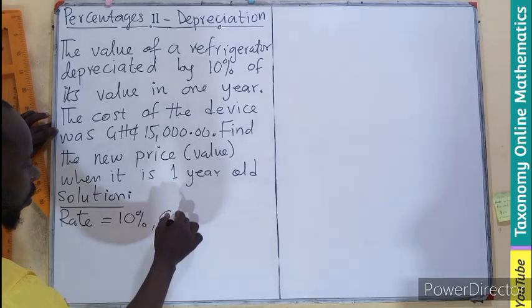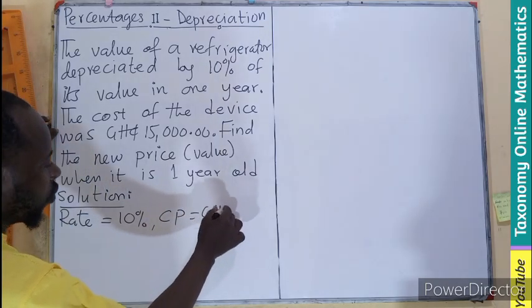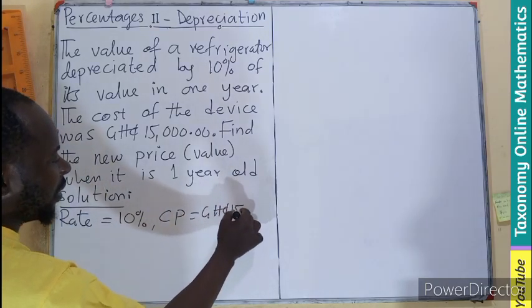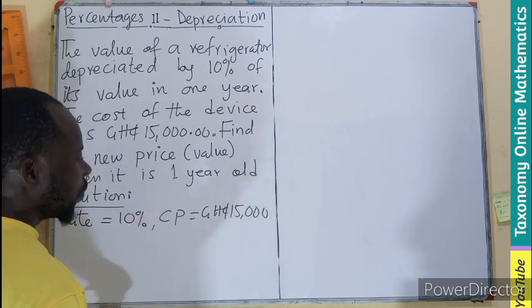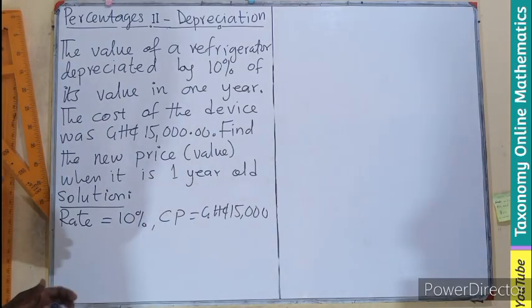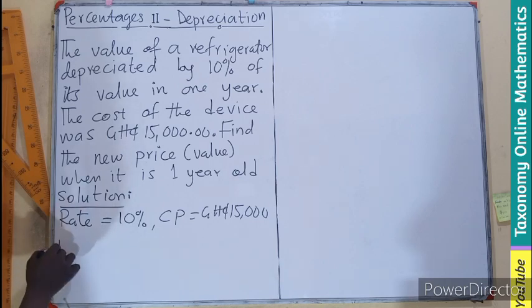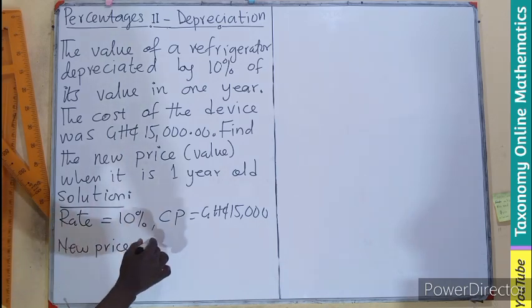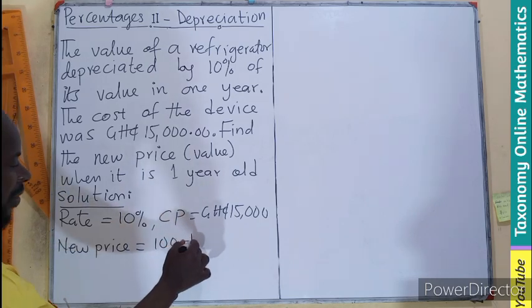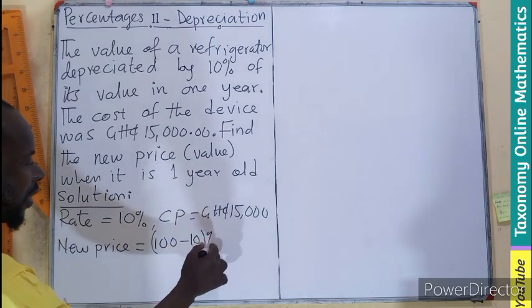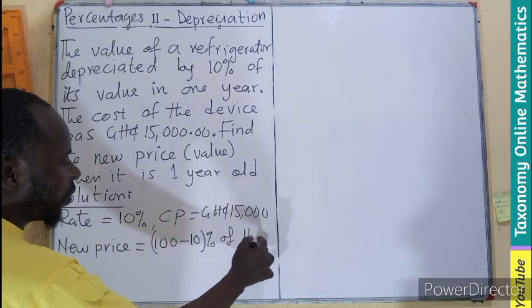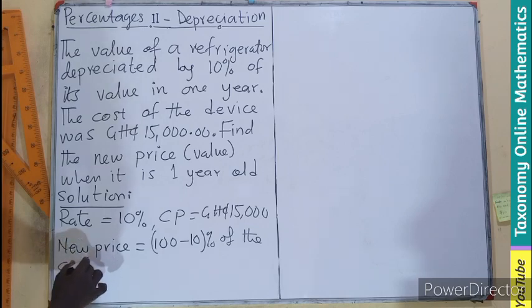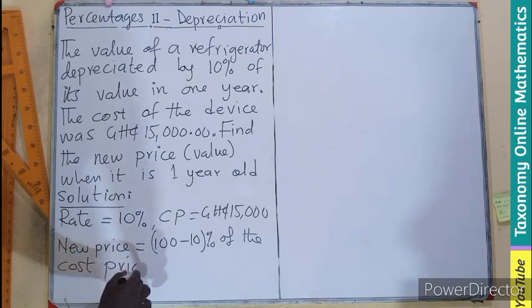We also know the cost of the item. So let me just say the cost price is given to us as 15,000. What are we looking for? We know that the new value we are looking for, or new price, is 100 minus 10% of the cost price, from the definition, right?